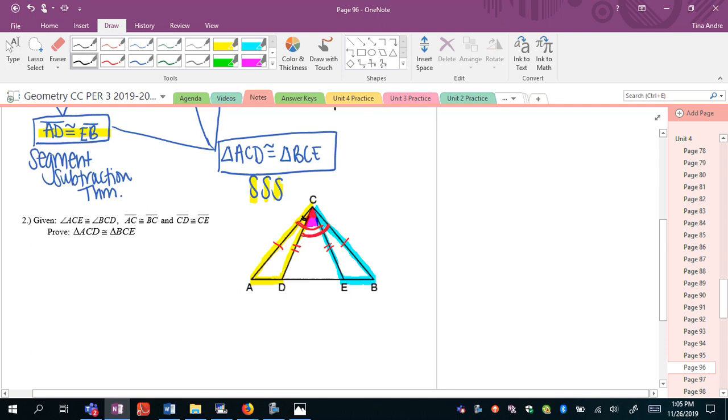And if you take this big angle BCD and subtract off this shared piece, we'd be left with this small angle. So what that means is I can use angle subtraction, and then I'll have side, angle, side for my triangles, which is why they're congruent. So I'm going to write down my givens.